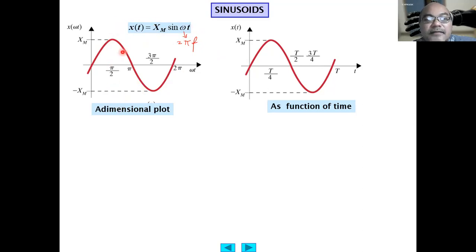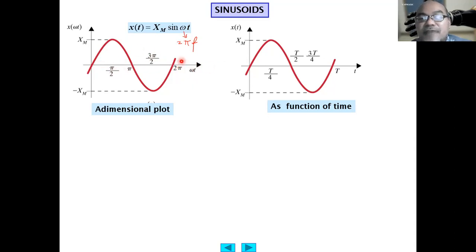That is why the sinusoid can be plotted as a dimensionless plot, meaning a plot whose x-axis does not have any dimension. Omega alone has the dimension of radian per second, where radian is dimensionless, while t has the dimension of second. So omega times t is a dimensionless parameter.